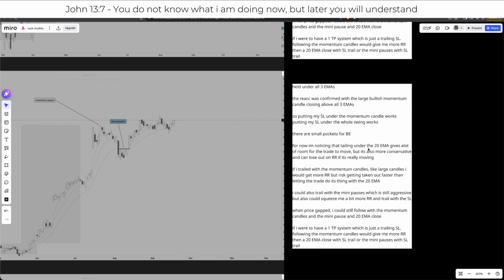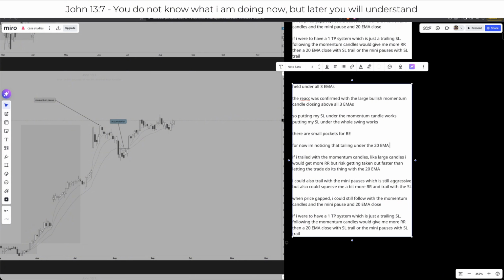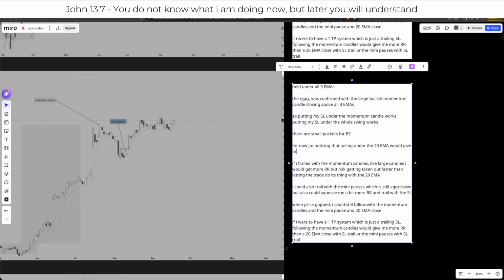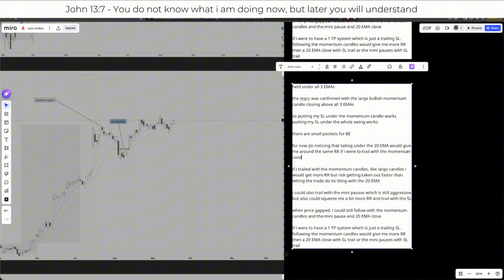For now, I'm noticing that if I trailed under the 20 EMA, that would give me the same RR if I were to trail with the momentum candles.